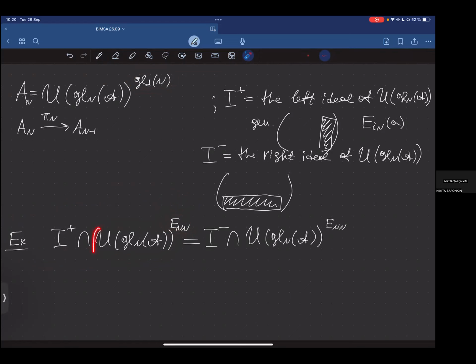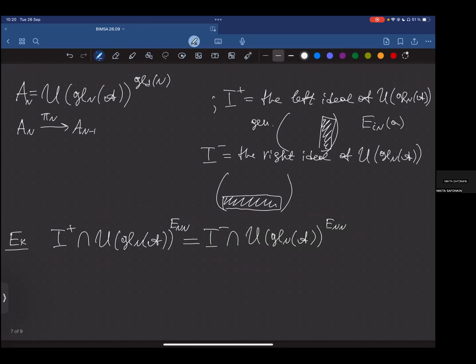Then we intersect this with our ideals, and these intersections coincide. The main feature of this formula is that on the left-hand side we have a left ideal of the universal enveloping algebra, and on the right-hand side this guy is a left ideal of this algebra, and this guy is a right ideal because I minus is the right ideal, but they coincide.